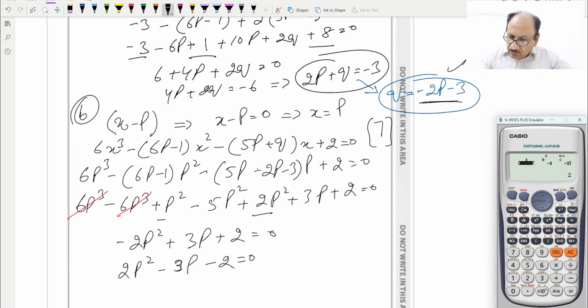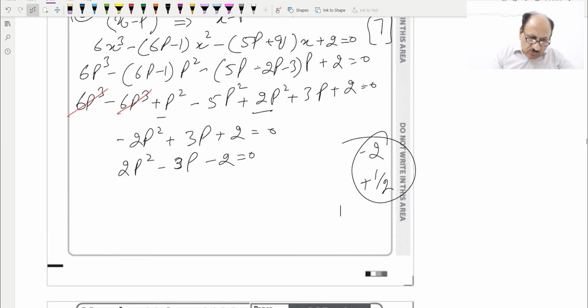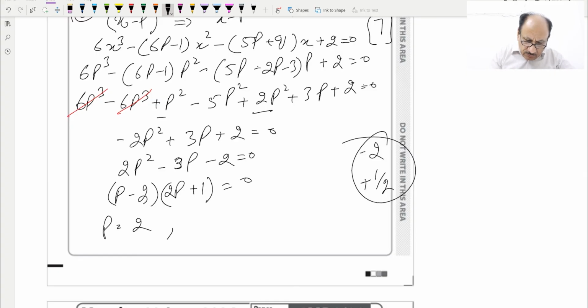So 2, minus 3 and minus 2, and it's giving us 2 and minus 1 by 2. Change sign, and we can use these two values to write the factors: p minus 2 and p plus 1 by 2, or we can write 2p plus 1, and this is equal to 0. So p is equal to 2 and p is equal to minus 1 by 2. Minus 1 by 2, we will reject this value.